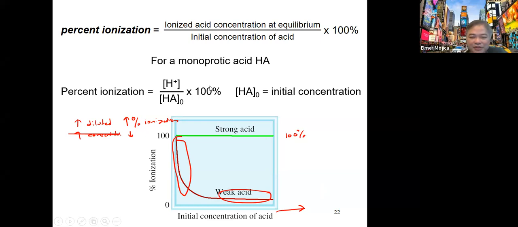Just because I said it, don't believe it right away. So the more diluted that you have, the higher the ionization. See? The more concentrated goes there, and the more concentrated, the lower the percent ionization.